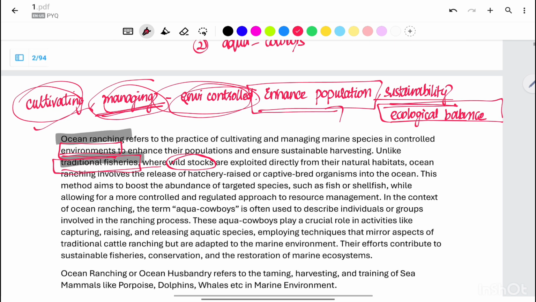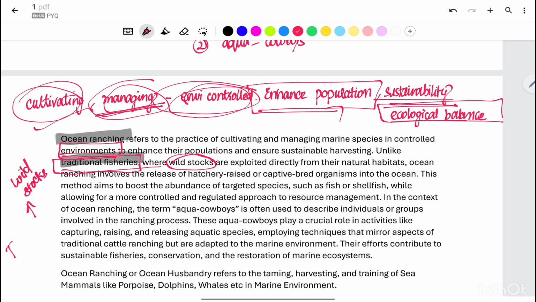When you are cultivating something, it is no longer wild, right? In traditional fisheries, there is an ocean and you go with the marine ships, you do bottom trawling with the nets and you catch the marine species which are naturally present over there. Those are called wild stocks.